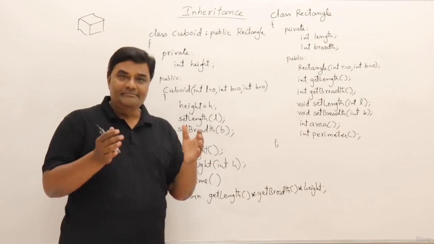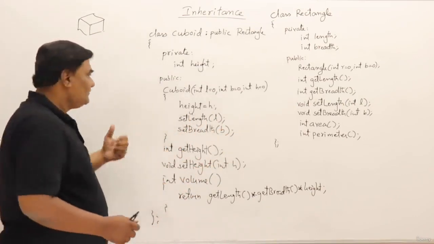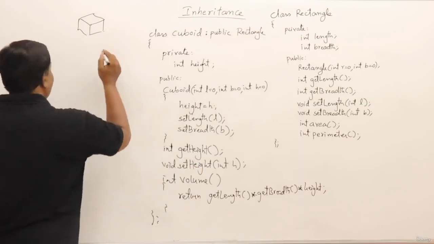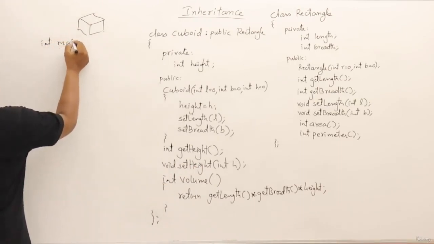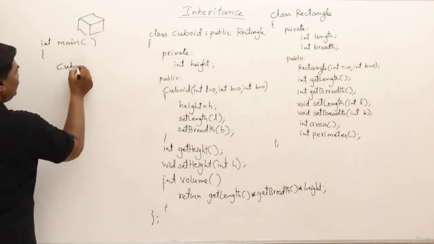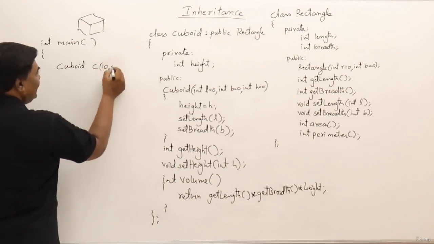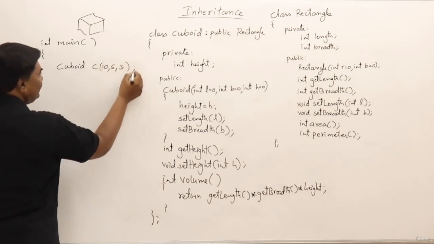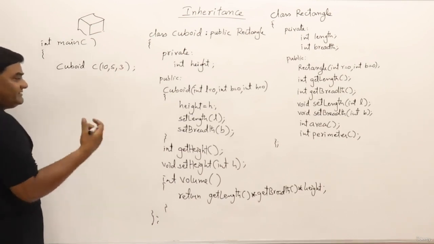So I'll just write some main method also and try to call the methods and show you. Watch it. Here I write main method. So int main or void main, whatever you like. Then here I will make an object of cuboid C, passing 10, 5, 3. So 10 is length and breadth is 5 and height is 3. Now what are the methods I can access?